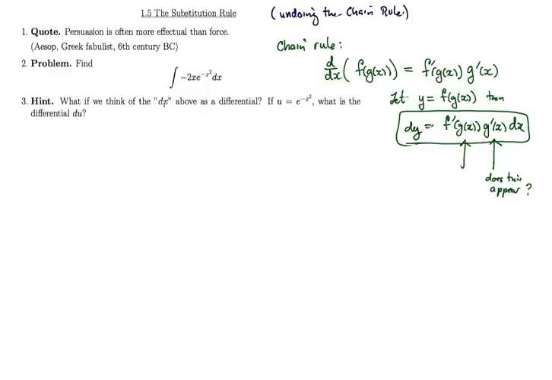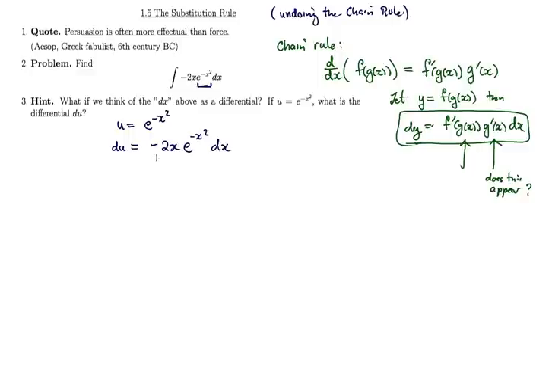So let's look at an example of this. What if we think of dx as the differential, much as what we did over here, and consider taking u to be e to the negative x squared. That is, pick a piece of the integrand and just let that be u. And now if we look at the differential, differentiating this thing on the right is the chain rule, so it's e to the negative x squared times the derivative of the exponent, which is negative 2x, and that's dx.